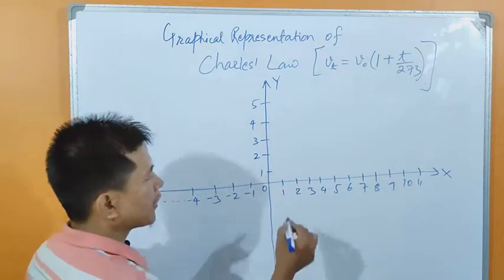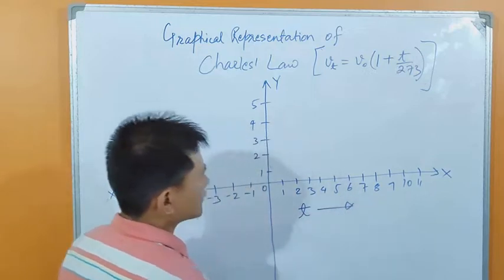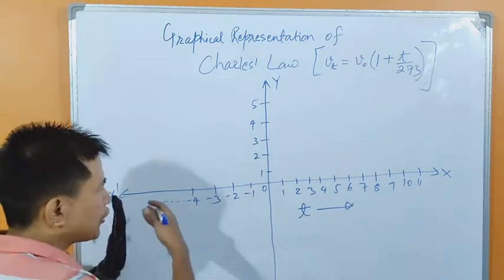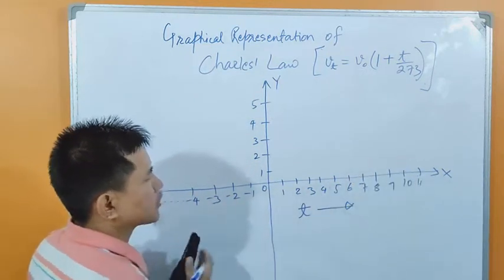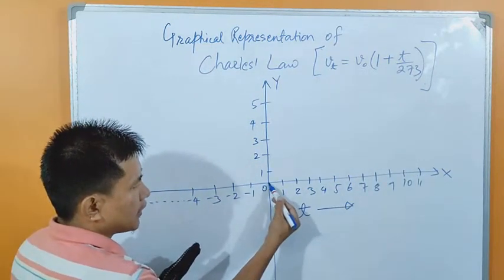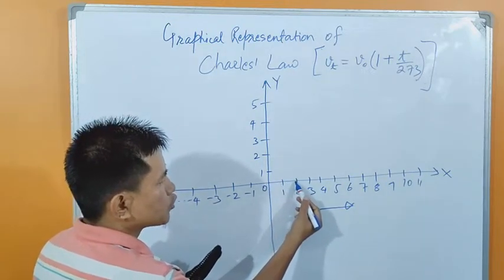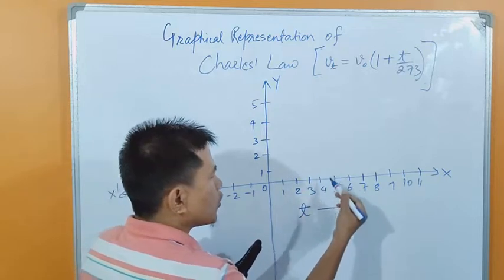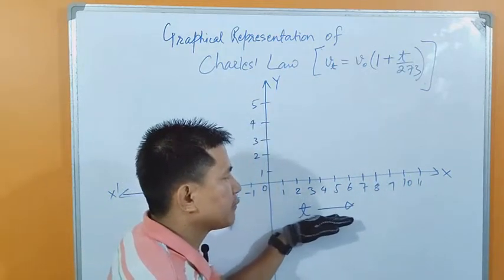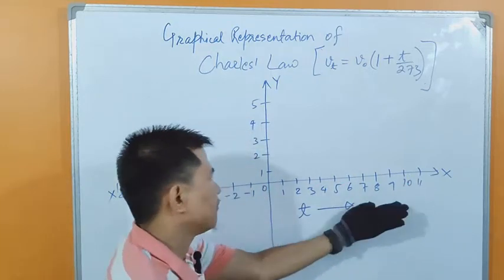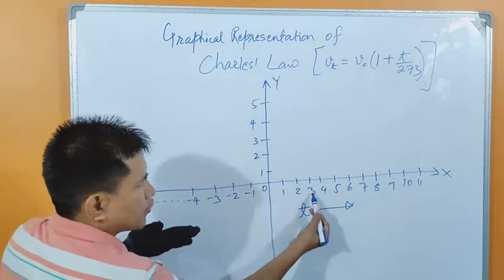If I plot temperature T on the x-axis, that means if you move from left to right, temperature increases. Suppose at this point temperature is 0 degrees Celsius, then 1, 2, 3 degrees Celsius. If you continue moving towards the right-hand side, the value of temperature increases. But if you move towards the left-hand side, temperature decreases: 3, 2, 1 degrees Celsius.